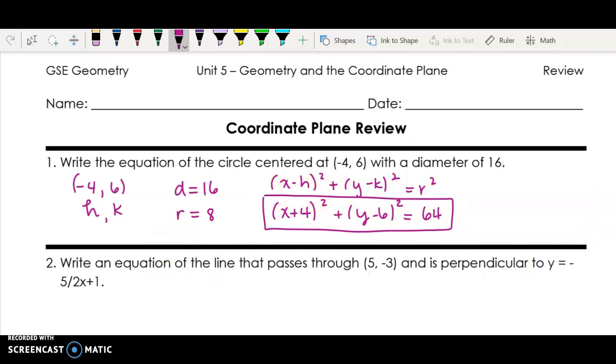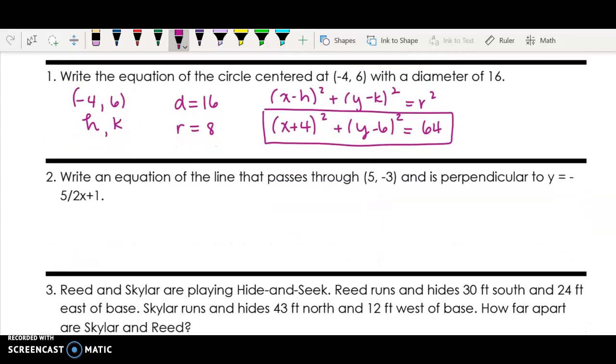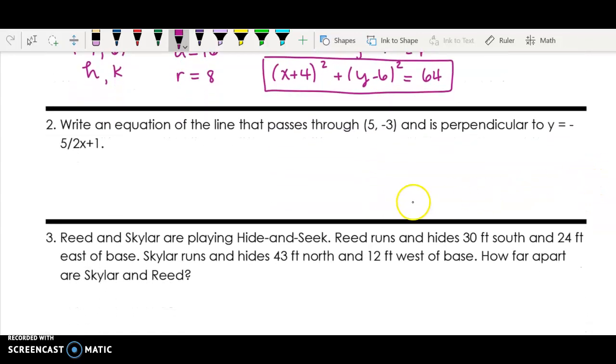The next problem, we have to write an equation of a line that passes through a given point and is perpendicular to y equals -5 halves x plus 1. So our perpendicular line will have a slope that is the opposite reciprocal of the line given.